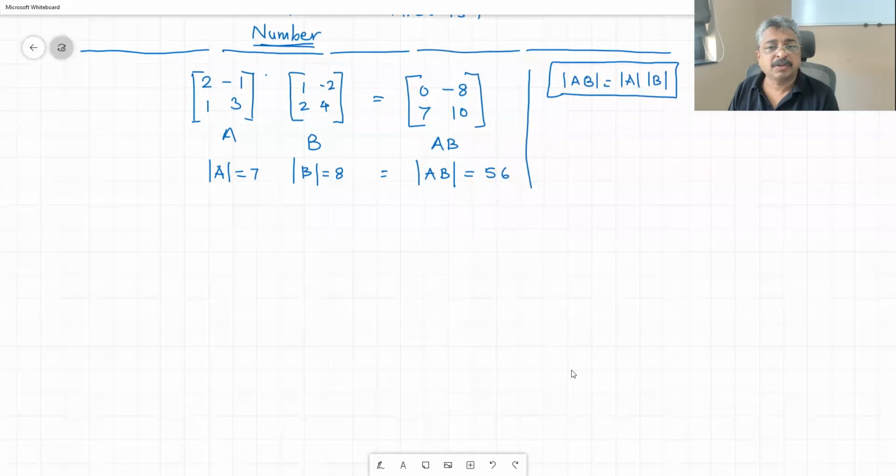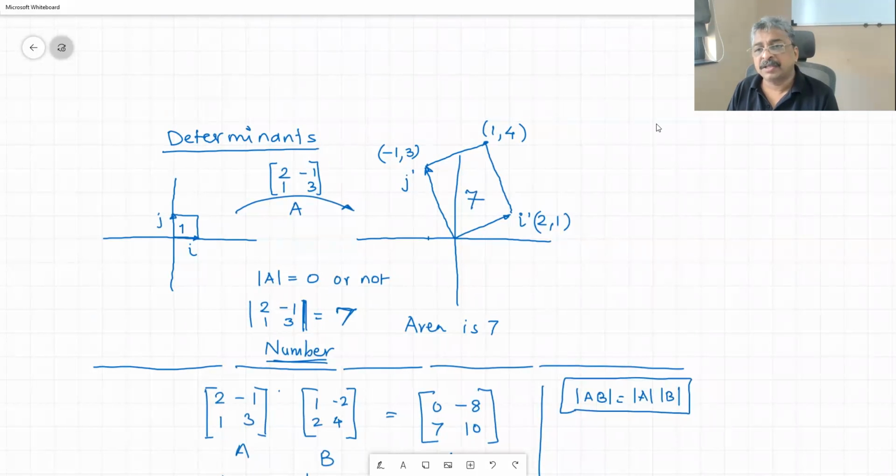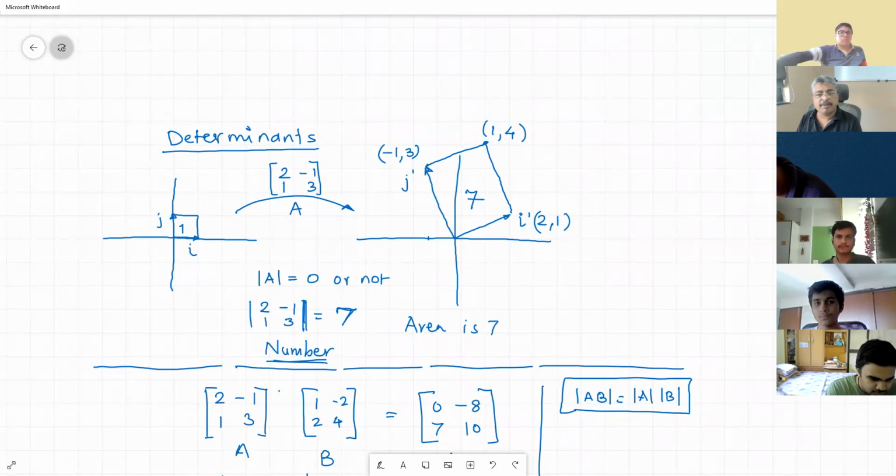It works. Okay, so is this coming 7 here? I think so. The area will be 7, and therefore the number associated with the geometry created by the vectors which are being given to you is the determinant.